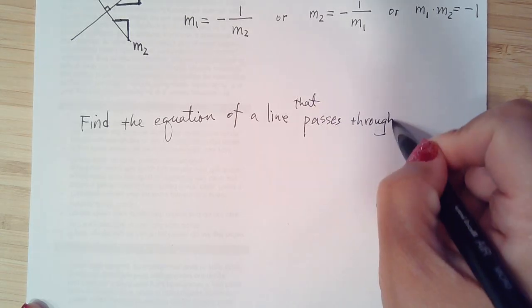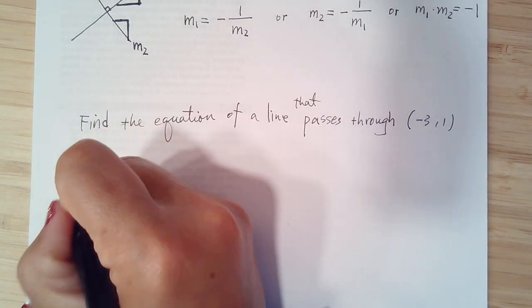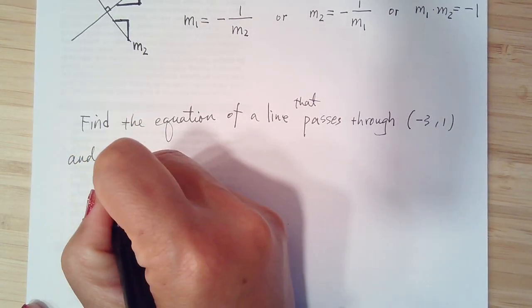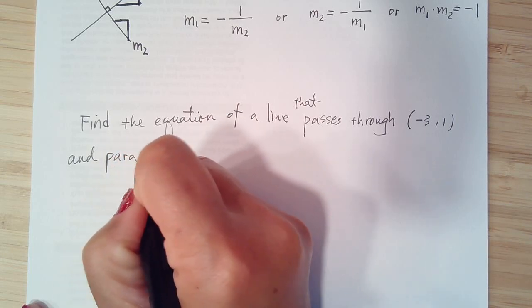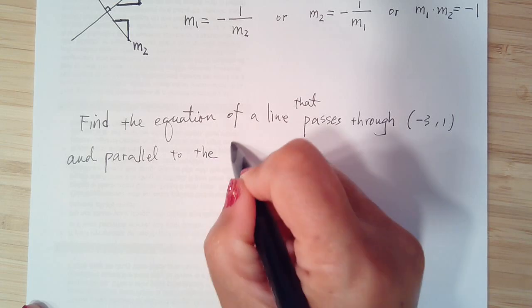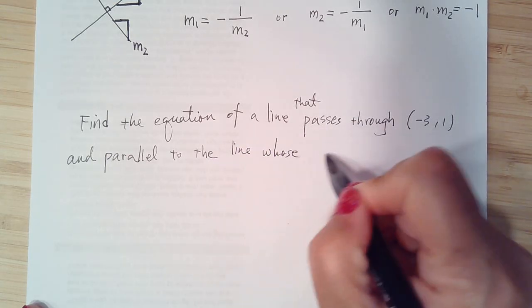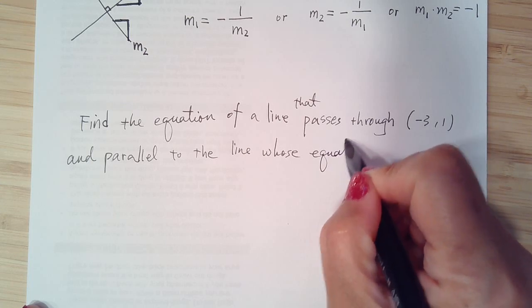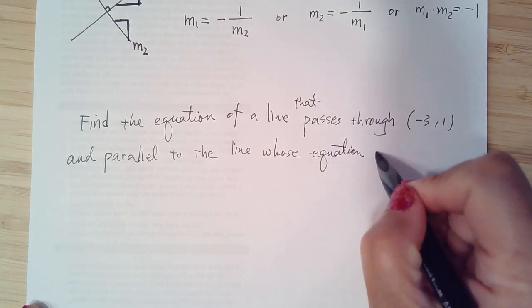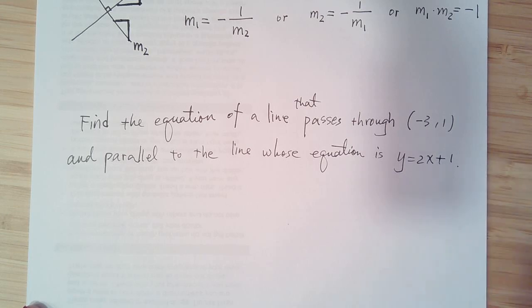Okay, I know a point, -3, 1, and the line is parallel to the line whose equation is y equals 2x plus 1.